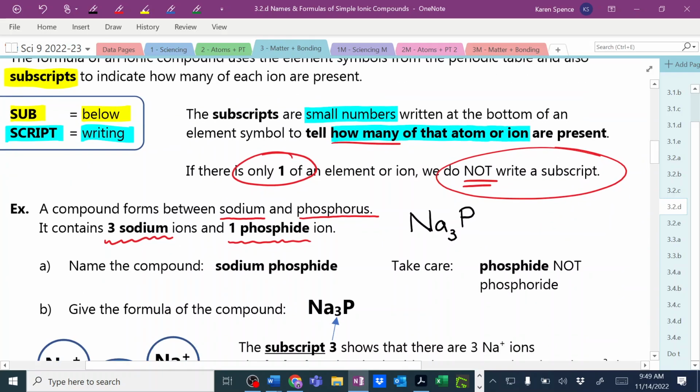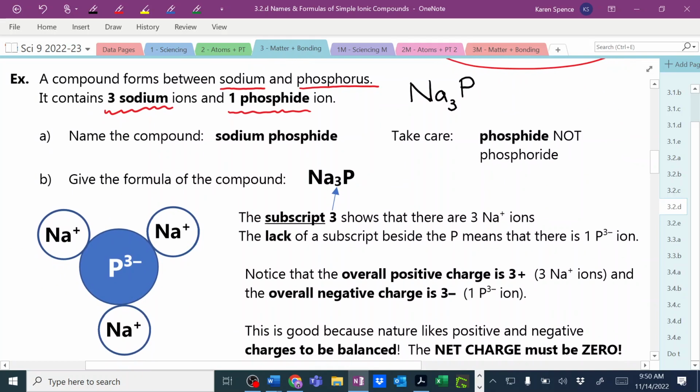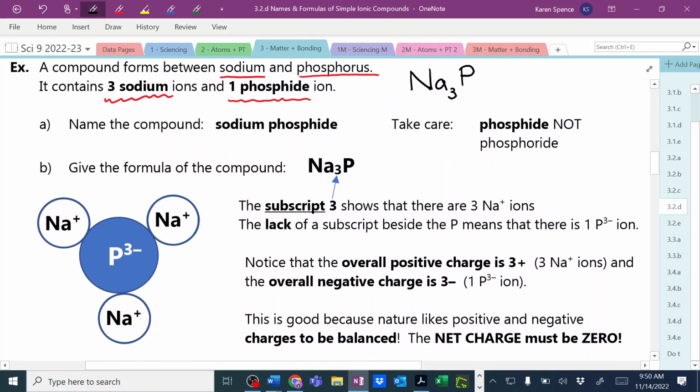And because there's only one, we don't write any little number at the bottom. And what it would look like is this would be a formula unit of Na3P, sodium phosphide. Oh, I erased it. That wasn't good.